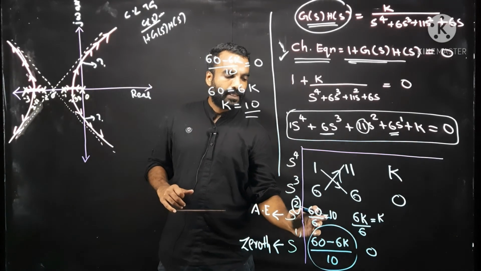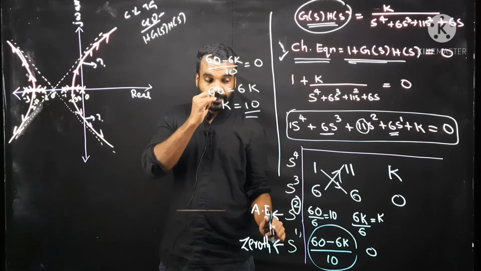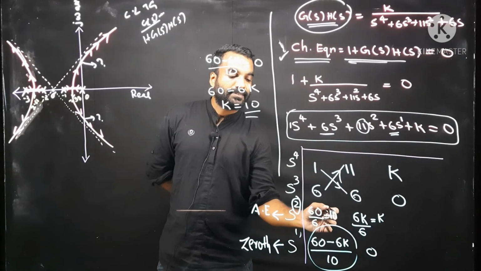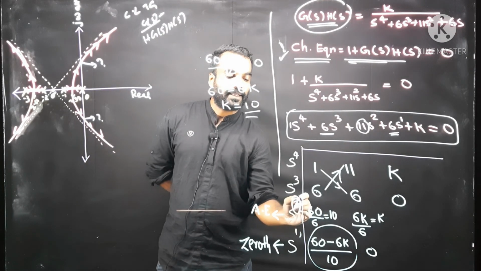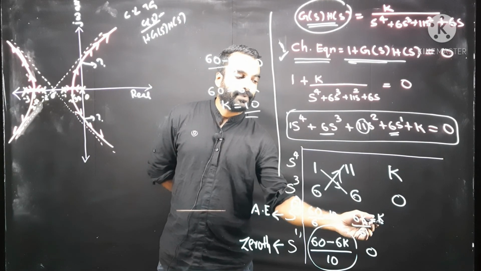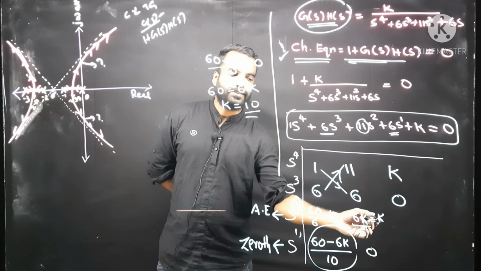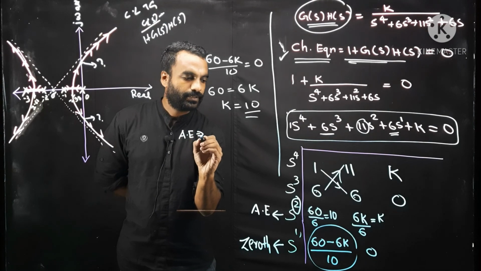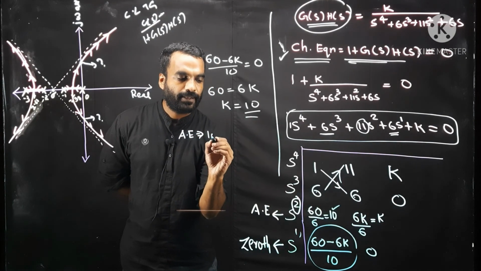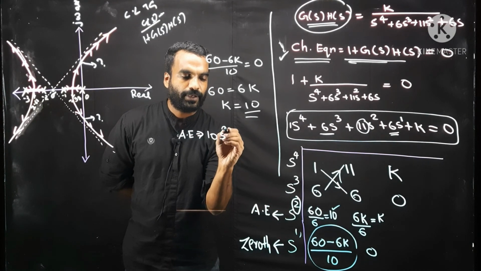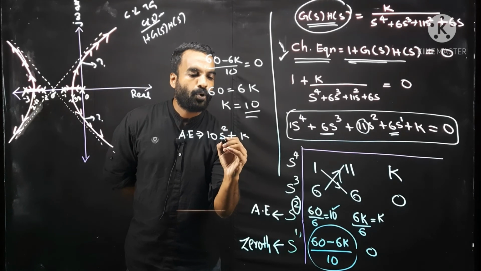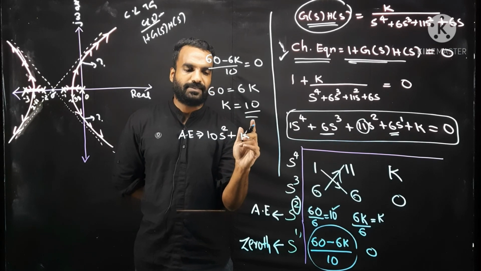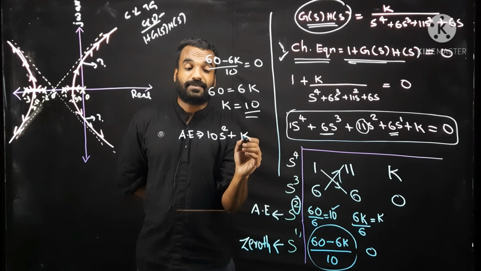Now I am finding the auxiliary equation. Which are the terms in the auxiliary row? 10 and k. What is the power of 10? First term, 10s^2. Alternate term, k into s^0. So the auxiliary equation is first element 10 into s^2 plus k into s^0, which is 1 itself.